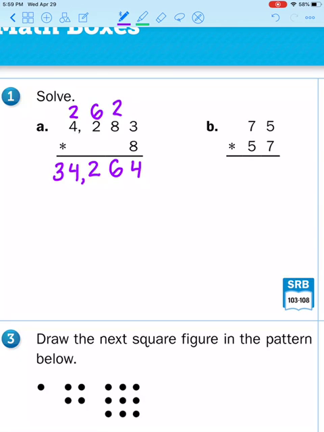All right. B, double digit. So remember, you're going to have to use that 0 placeholder here. Very important. So 7 times 5 is 35. And then 7 times 7 is 49, plus 3 is 52. Now, once we start, remember, that's not a 5.